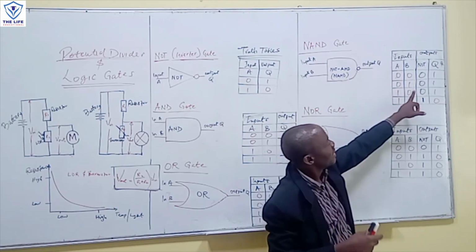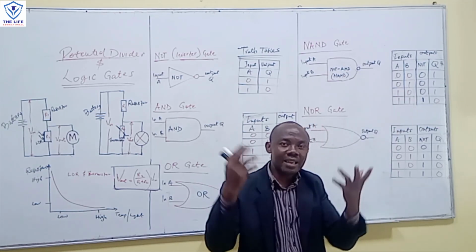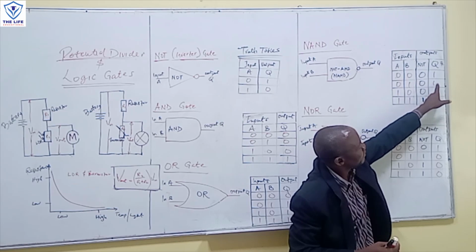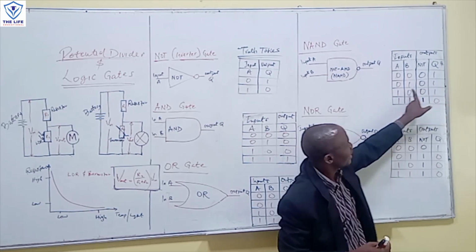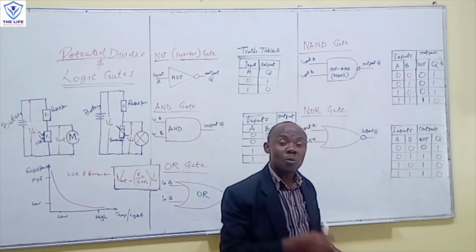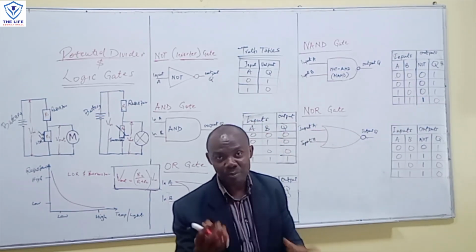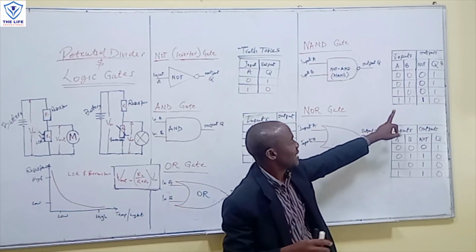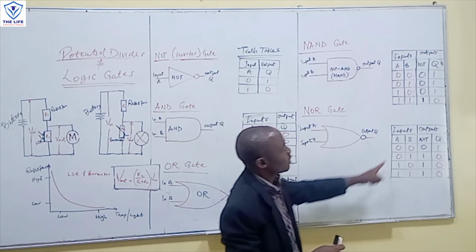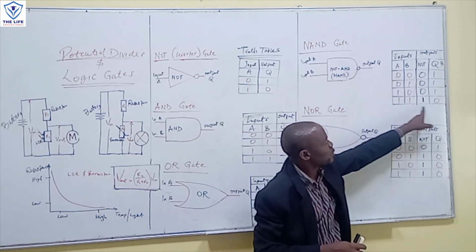If it's an AND gate, I'm supposed to have both of them high for us to have output. So of course this will be 0, and the opposite of this will be 1. 1, 0, we have 0, then 1, and the last which is 1, 1. Remember this could be confusing sometimes, but please look at it closely. 1, 1 for an AND gate is supposed to be 1, but because of the NOT that we have there, it will be 0.